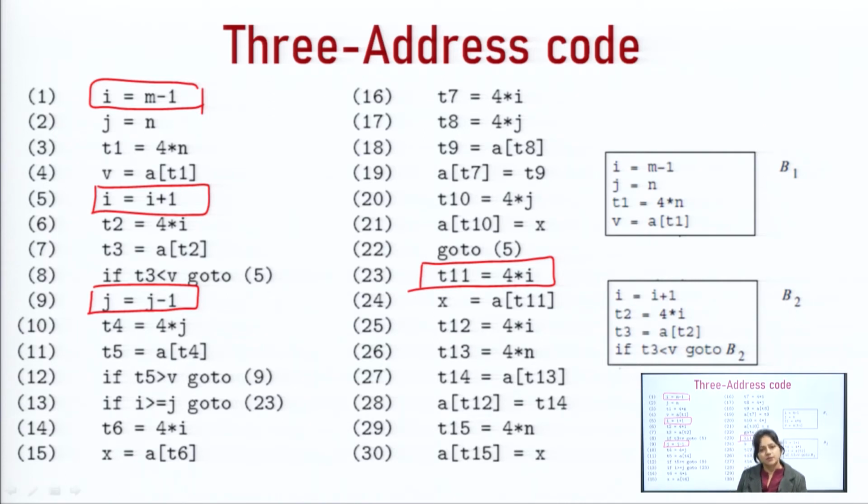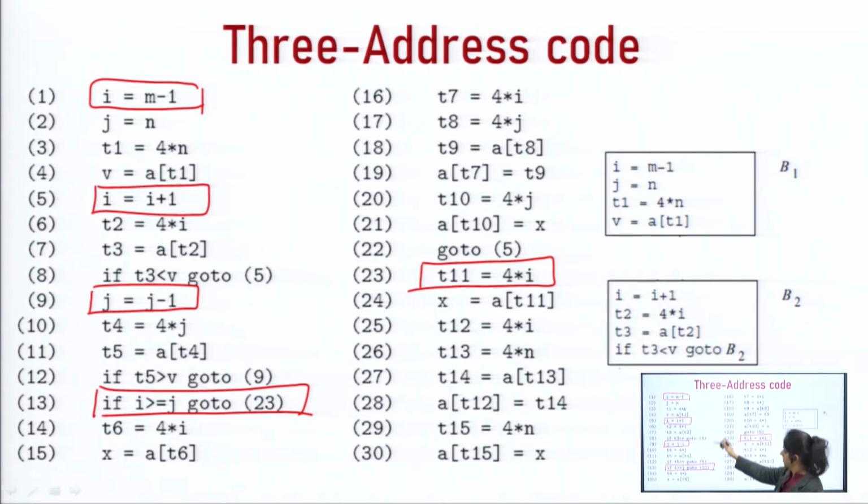Now, the next possibility: the instruction just after the go to is a leader. So, this is the go to statement and after this we have this statement, so this can also be the leader. Now, just after it we have already considered. This go to is pointing to 5, and we have already considered 5 as leader.